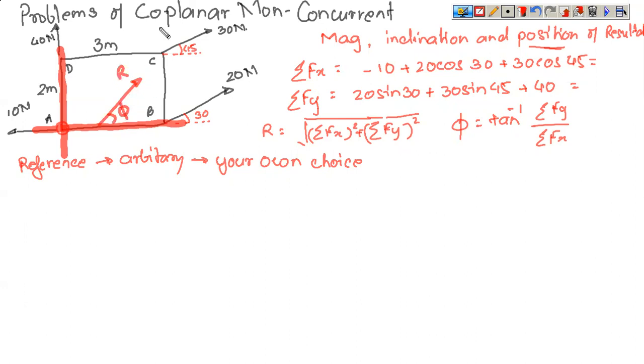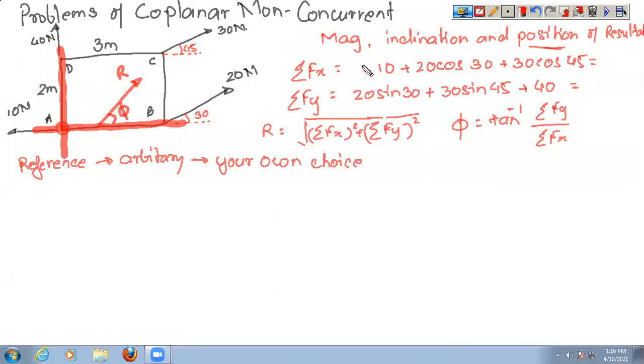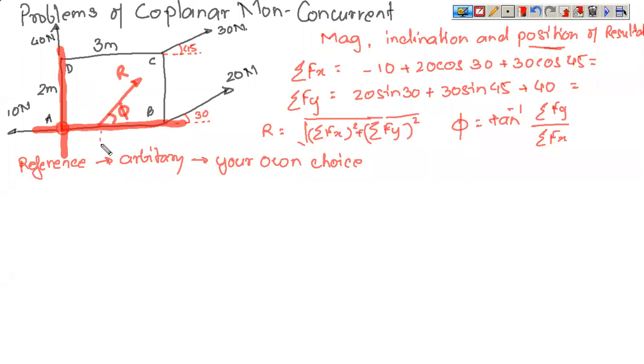The magnitudes of R and phi we have already calculated by solving these two equations, so this is not an issue. Only what we are doing is letting it act where this distance will be x. Let us assume that from point A it is at a distance x.